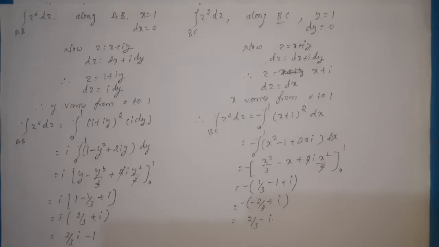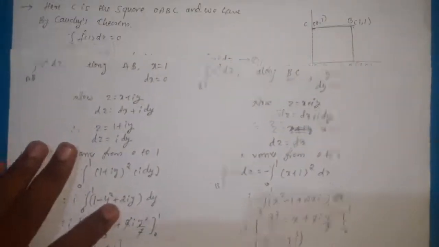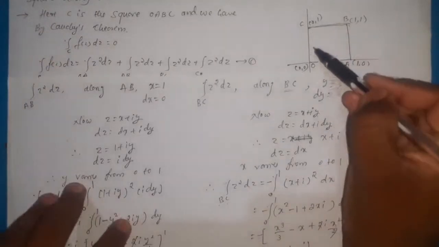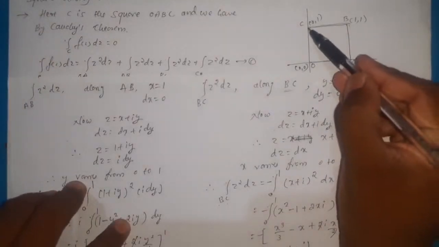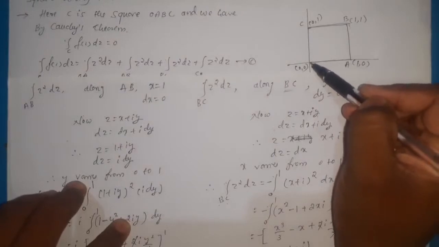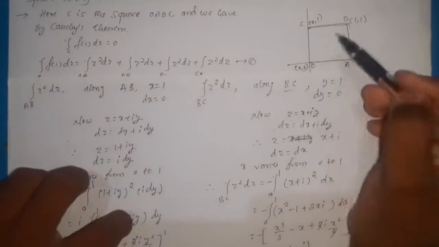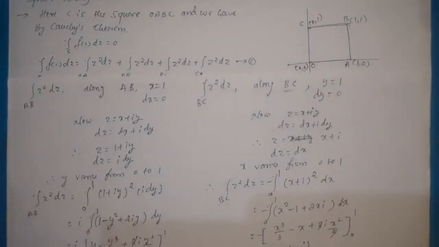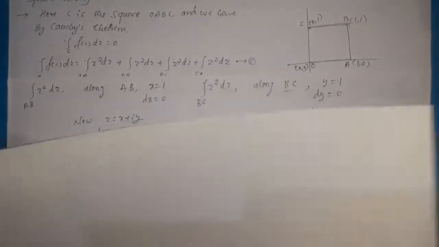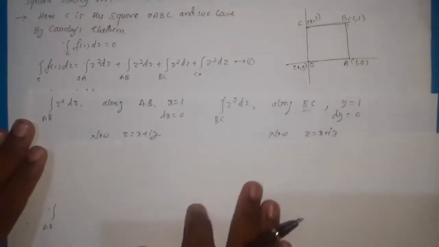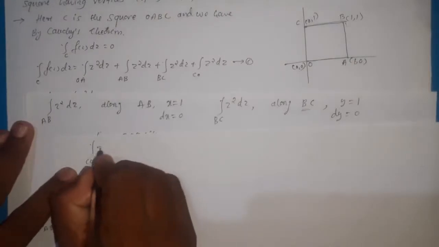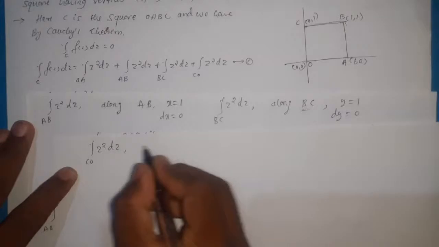And the last one is the line CO. So here this is the line CO, and on this line y is equal to 0 and x varies from 1 to 0. Here also same, the integral will become negative if we consider the limits from 0 to 1. Now the next one is integration over CO z square dz.